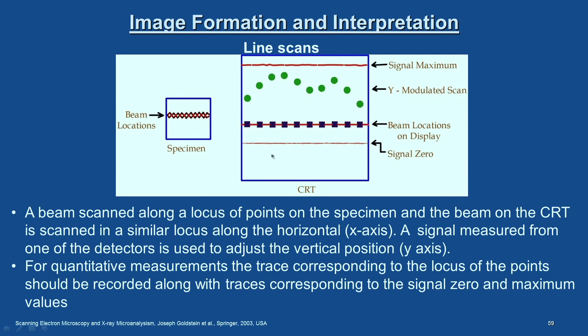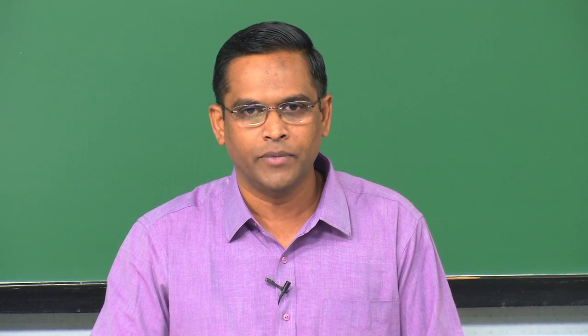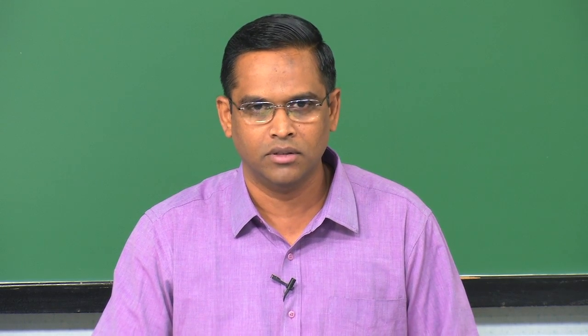That is how the line scan is performed. This line scan operation is especially useful if you are interested in local composition in some fracture surface, interface, multi-component alloys, or segregation and so on. We will see whether we can take up some specific examples in due course.